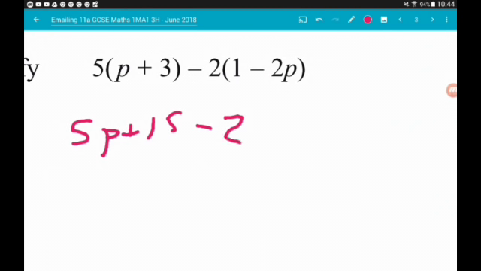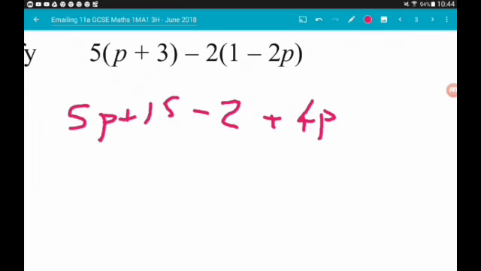And then we go minus 2 times minus 2p, so that's going to give us plus 4p. So we've got 5p plus 4p, which is 9p. And then we've got 15 minus 2, so we've got plus 13.